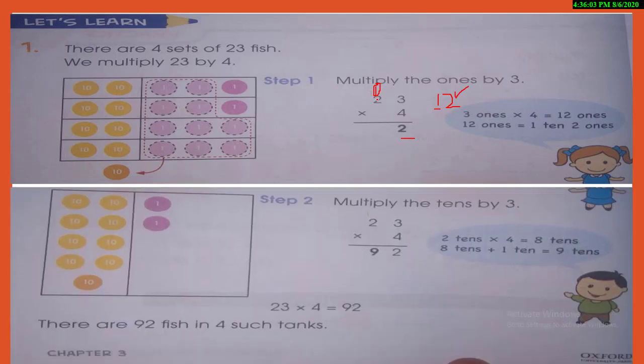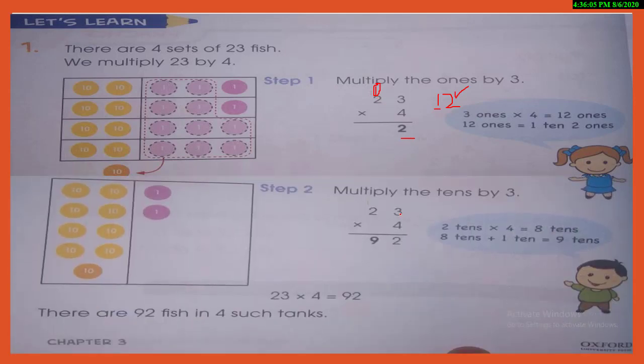In the next step, when you multiply 4 with 2, 4 twos are 8. And you have one number which is carried, so you add this number to the answer. 4 twos are 8, and 8 plus 1, what will be our answer? 9. Yes, this is the difference between regrouping and non-regrouping methods.